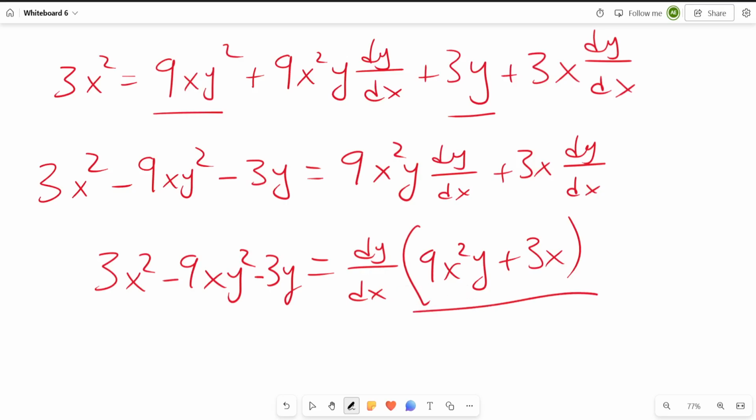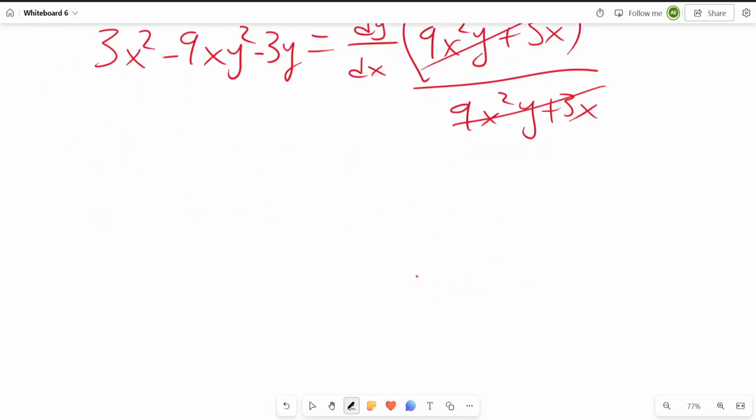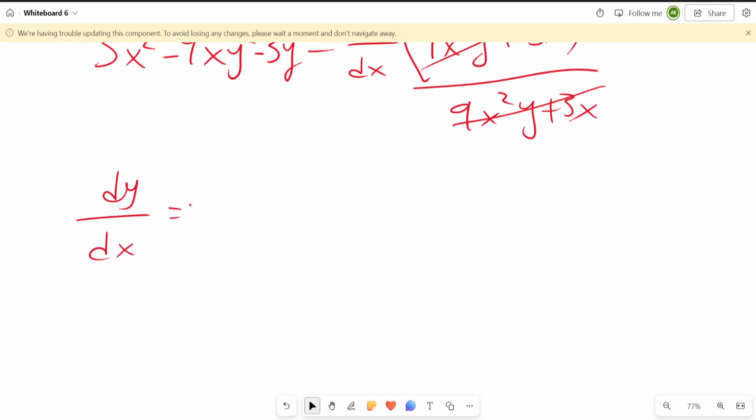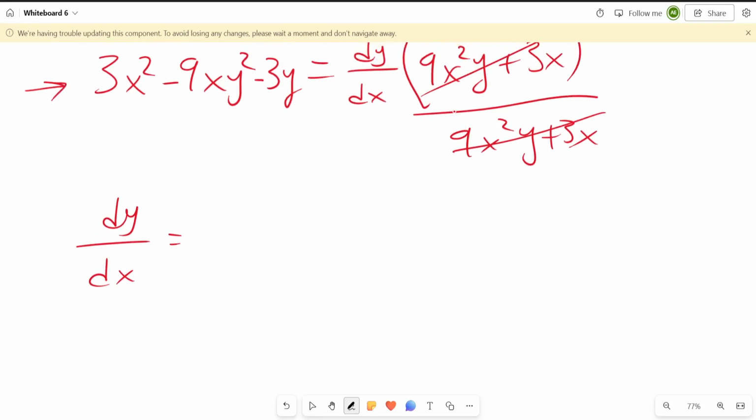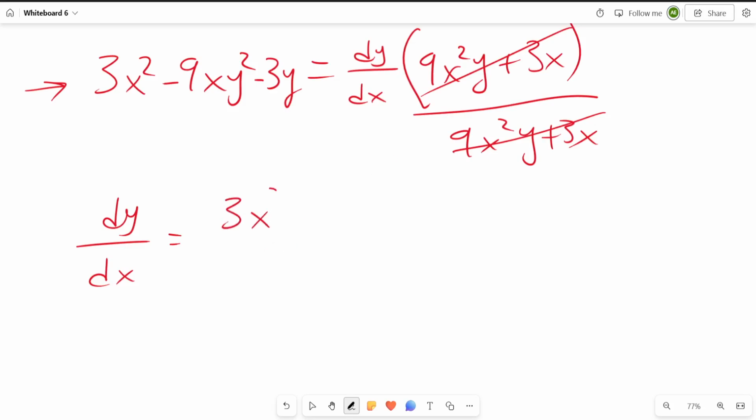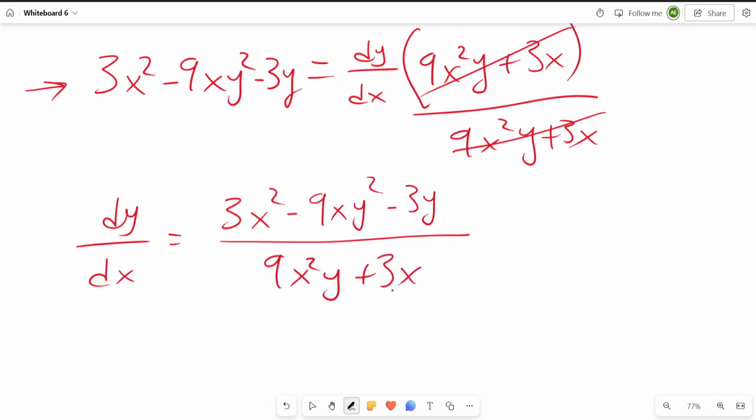Dividing both sides by 9x squared y plus 3x. This is going to give me dy by dx equals 3x squared minus 9xy squared minus 3y over 9x squared y plus 3x.